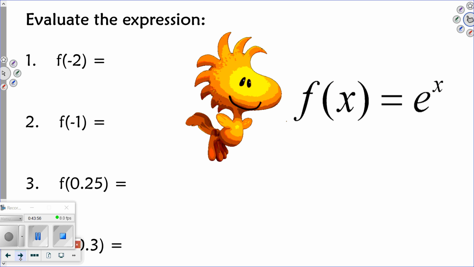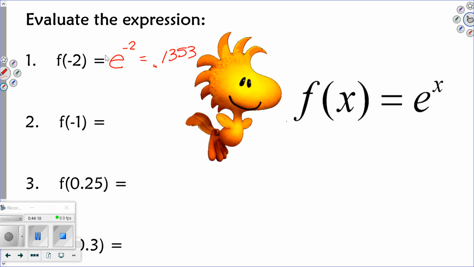So let's just get some calculator button push and practice at this point. If I have e to the x power, what if x is negative 2? So in other words, I'm asking what is e to the negative 2 power equals what? Okay, so 0.1353.